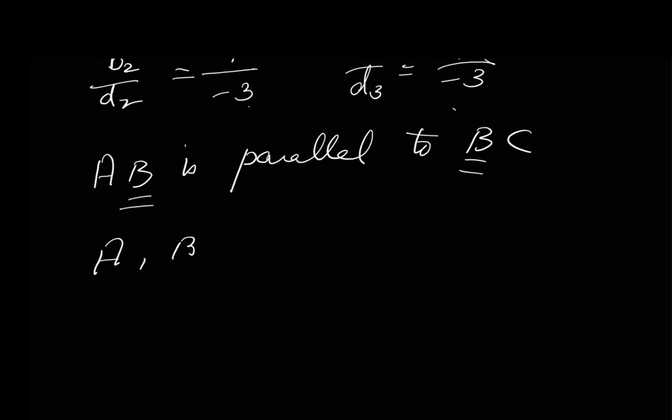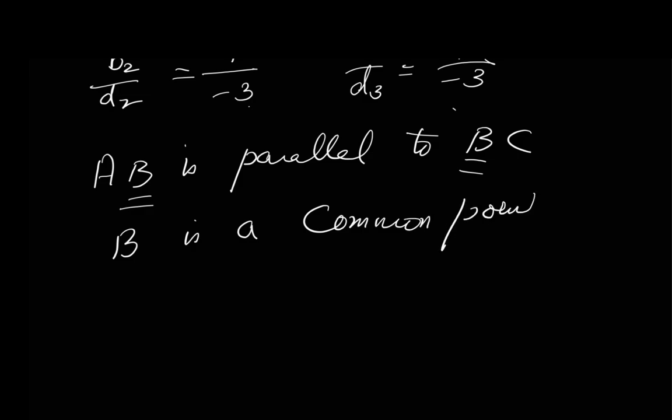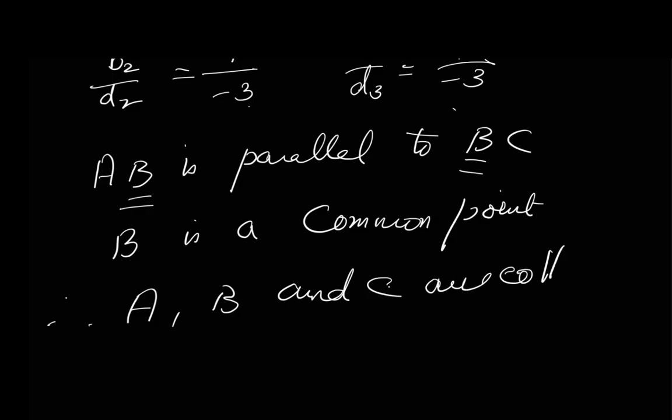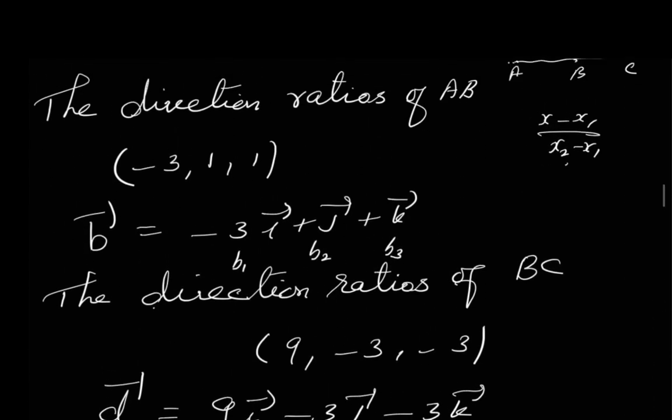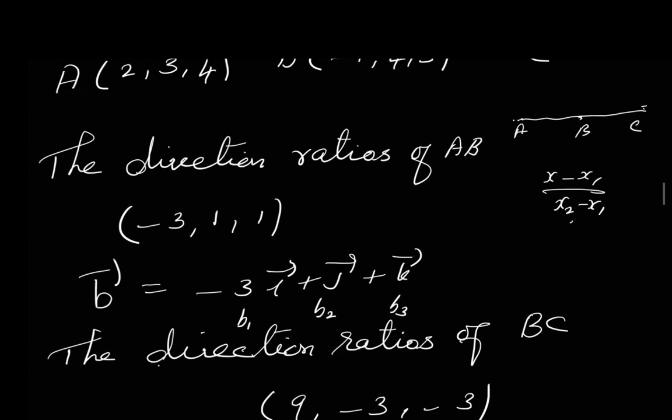Just you write that here B is a common point. So therefore A, B and C are collinear. These points are collinear. They lie on the same line. Thank you.